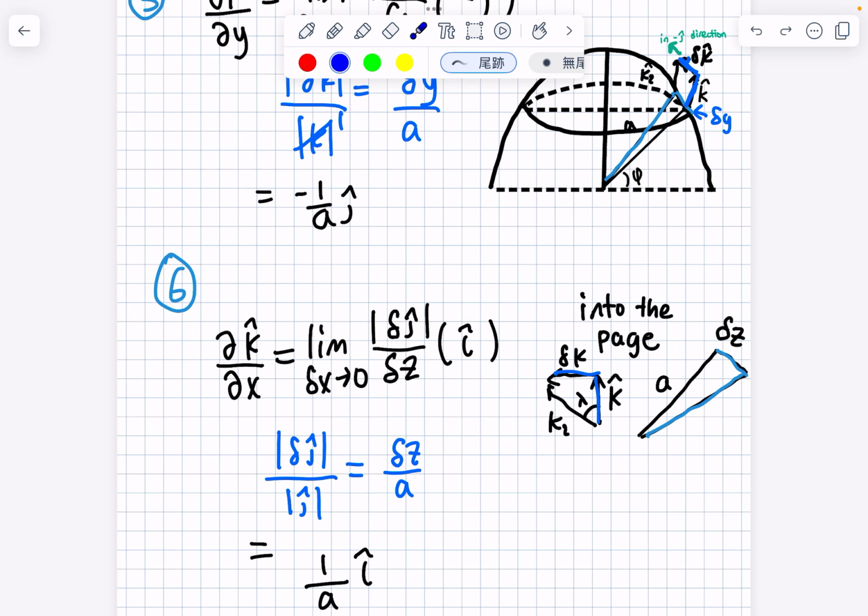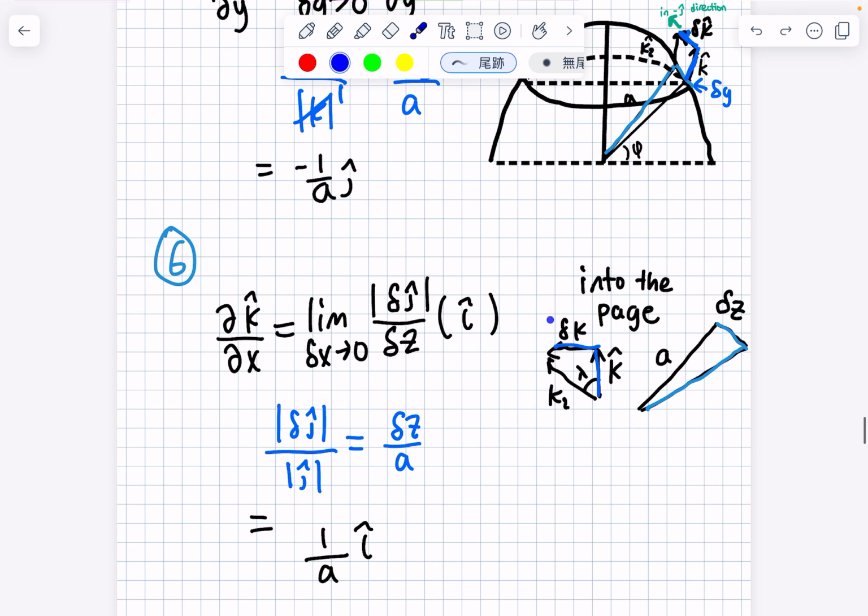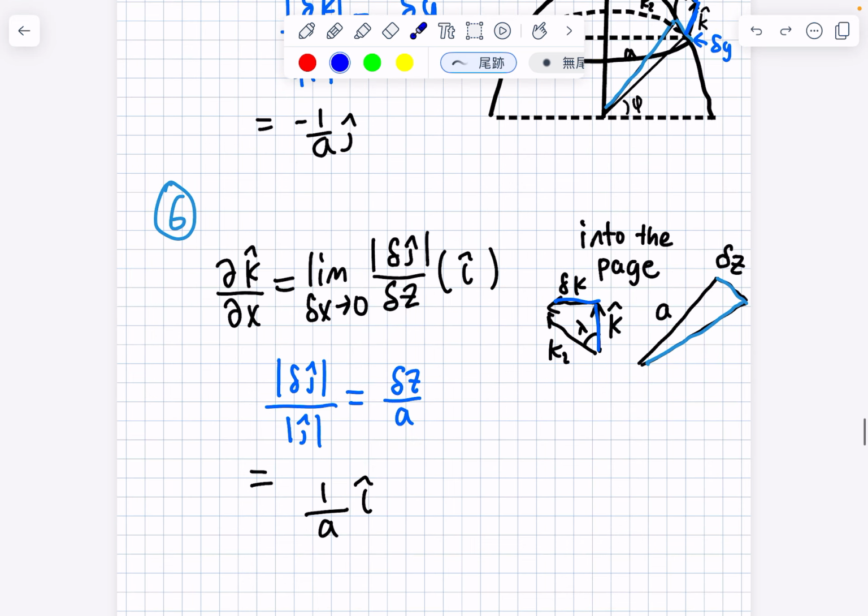It's very difficult to draw the delta k delta x term, but you have to think, it's going out of the page in the outward direction. But you can write the two triangles that we're looking at. This is written in a similar form. That's delta x.